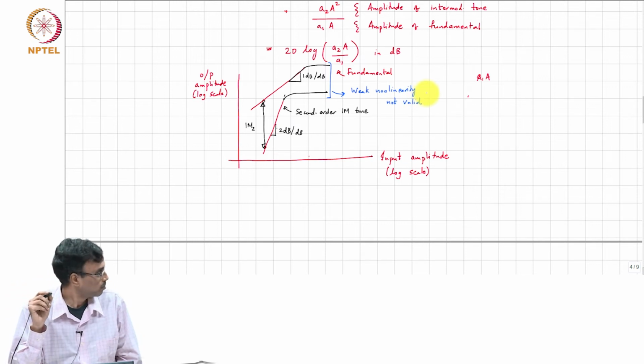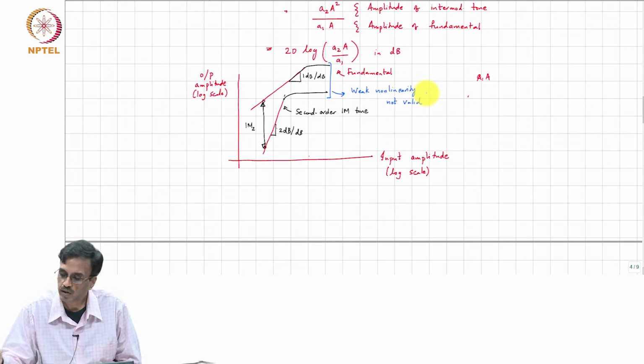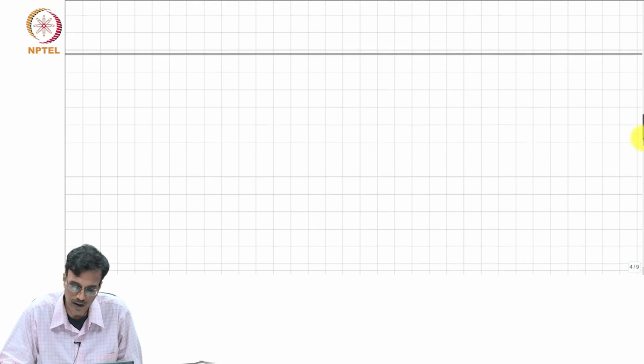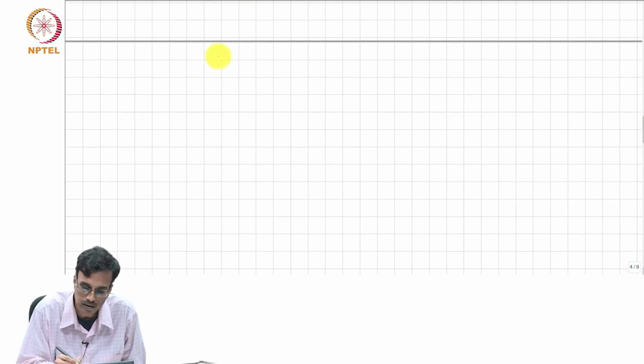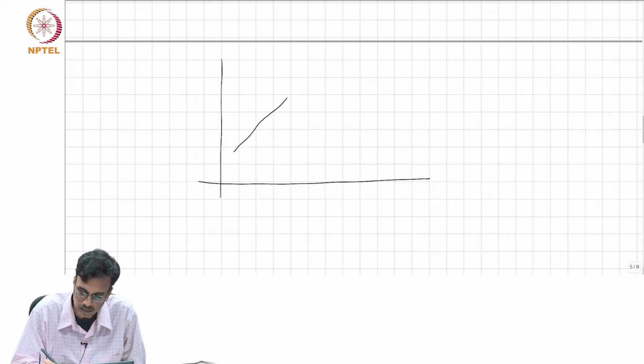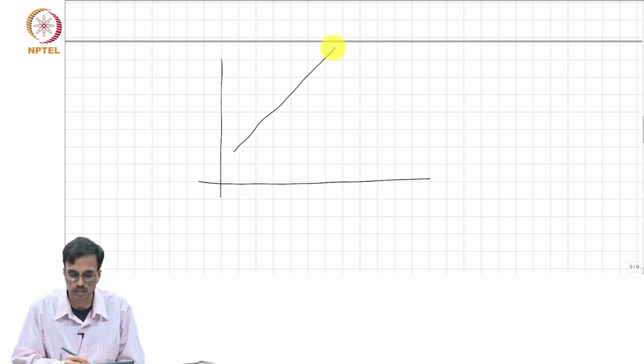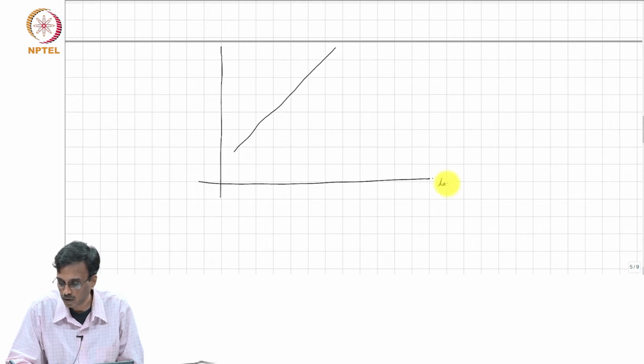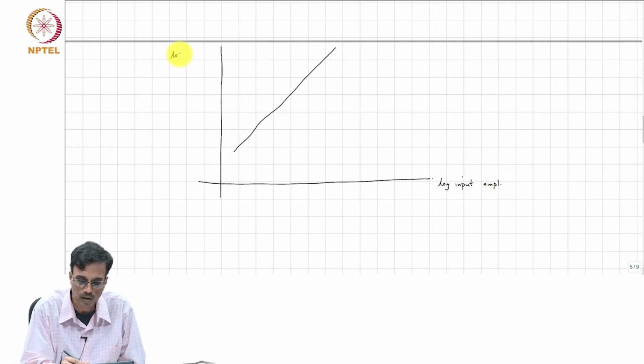All right. Now, let us say you had two amplifiers with the same gain. This is log input amplitude and this is log output amplitude.